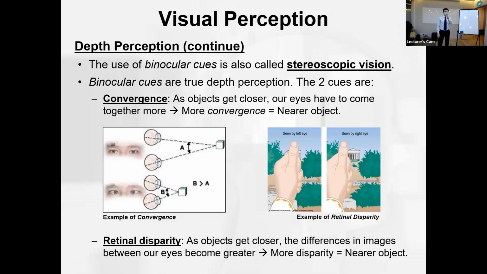Now, if you take it away, you see two images, correct? Now, if you force your eyes to converge, you should see your hand now. But the thing is, actually, the two images are different, because one eye shows you the back, the other eye shows you the front of the palm or the hand.